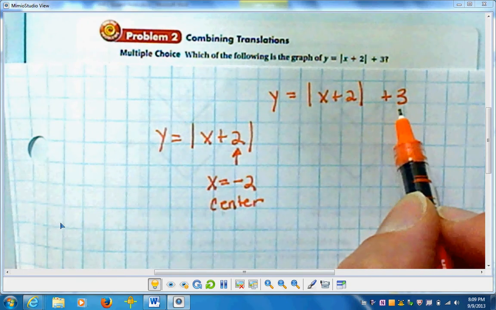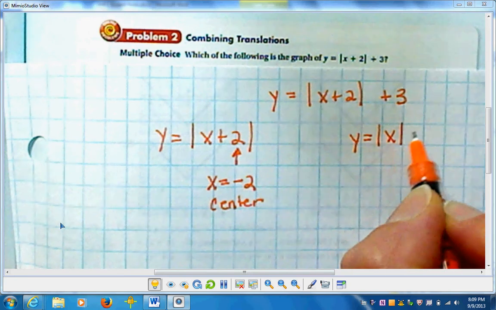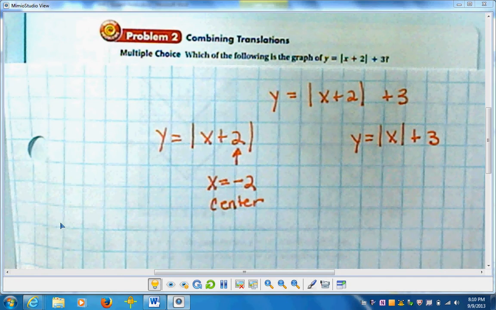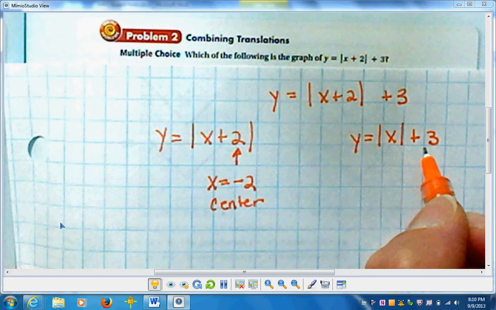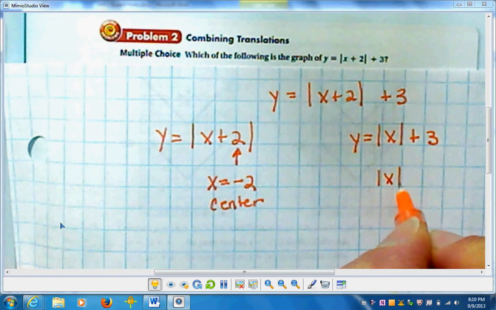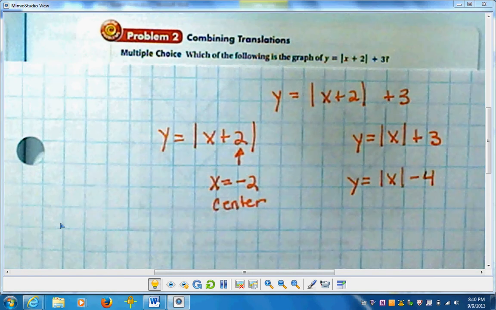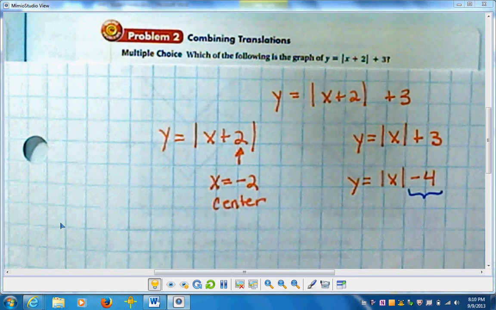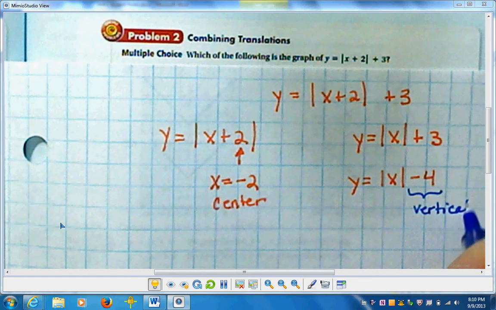We have this plus 3 over here, so let's just pretend it's y equals the absolute value of x plus 3. Well, we know from the previous problem, problem 1, that when this was the absolute value of x minus 4, that minus 4 right here gave us a vertical shift down.